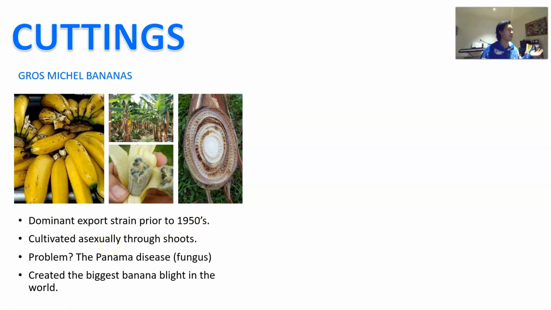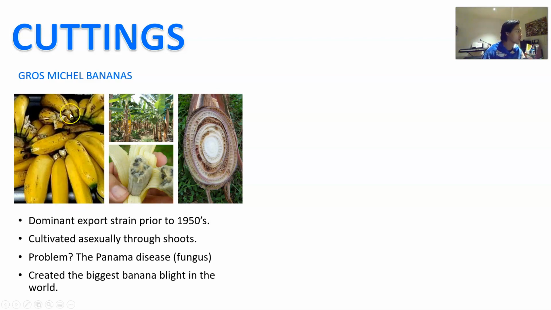The problem, however, was that somewhere along the lines, a fungus called the Panama disease, which originated, I think, in Panama, got to it, right? Now, you and I have never seen this banana because we don't eat this anymore, because the Panama disease has basically created the world's biggest banana blight and banana shortage in the world back in the 1960s or something like that, right? And they kind of went out into export.